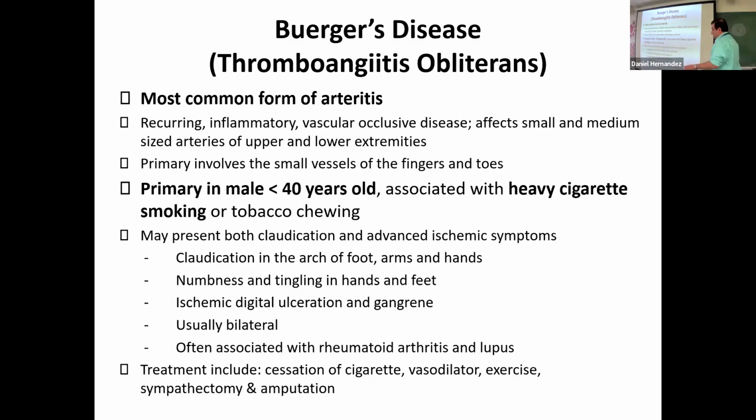Treatments include cessation of smoking cigarettes, administering vasodilators, medications to help dilate the arteries back up. Exercise. So exercise naturally will dilate your arteries. So exercise, good health will help limit these symptoms for patients who are suffering from Buerger's disease. Sympathectomy.